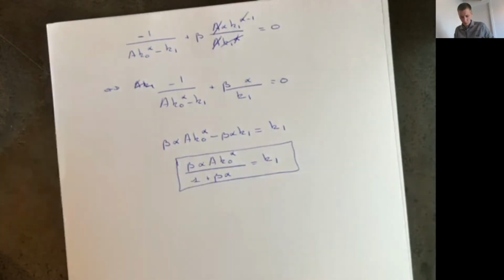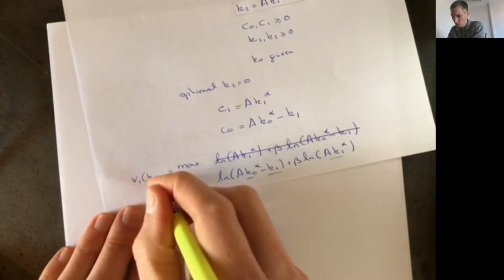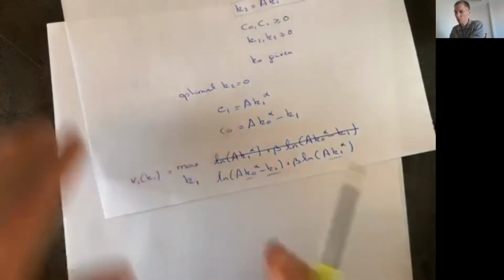So what we can do with the solution, we know that this is equal to V1 of K1. So we can plug in here the solution of K1 that we have found.